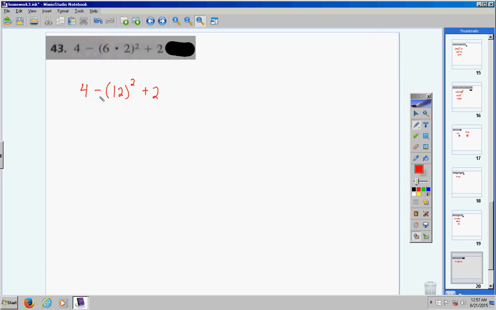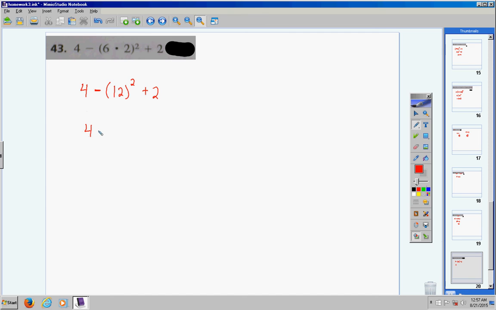Now the 4 is not right next to the 12. Look, if the 4 was right next to the 12 like that, then the 4 would be multiplying. So when you brought the 4 down, you put a dot. There's a dot here. So you put a dot here. That's not the case, okay? You've got a minus sign here, a negative sign. So be careful. Bring down your 4.